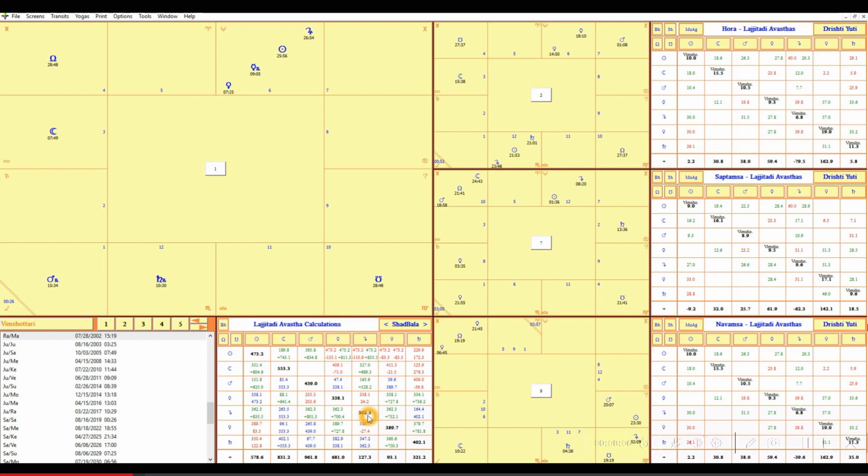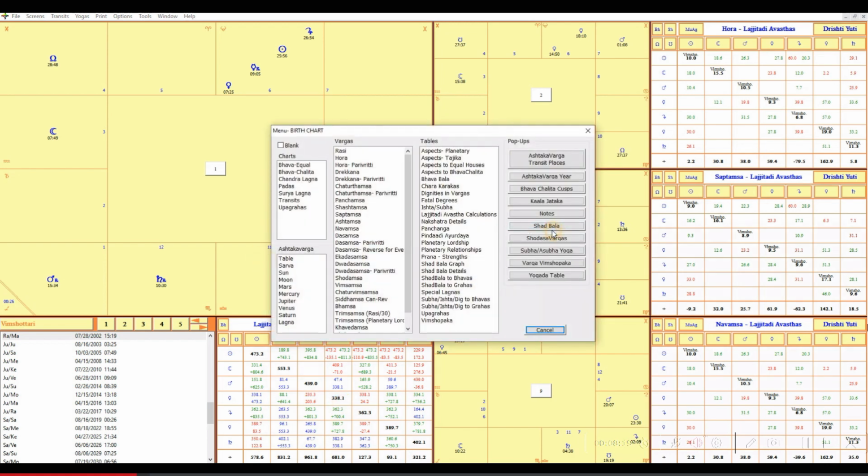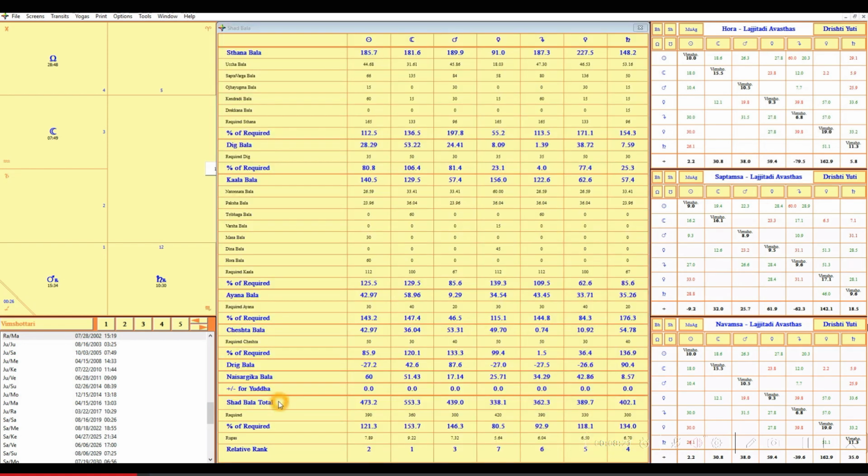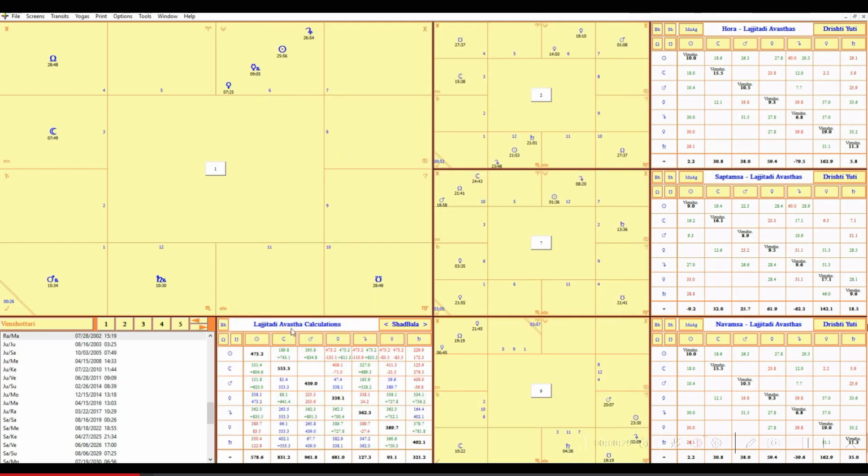deficit at some times. So for instance, let's take Mercury here. On one hand, Mercury has 338 points of Shadbala. He's not really strong. In fact, if you go over to the Shadbala table and see the minimum required for Mercury, we need a minimum of 420. So this Mercury is not going to be able to pull his own weight.